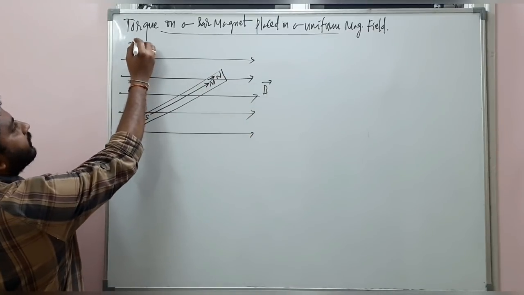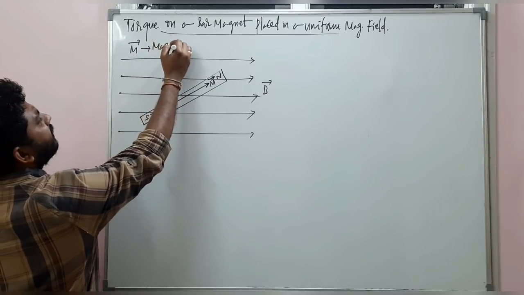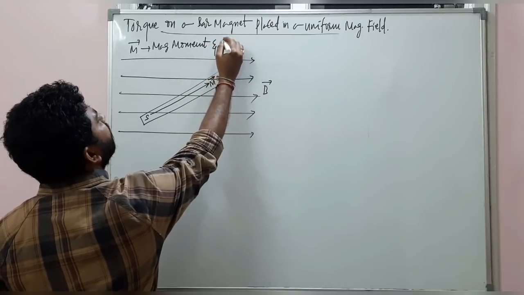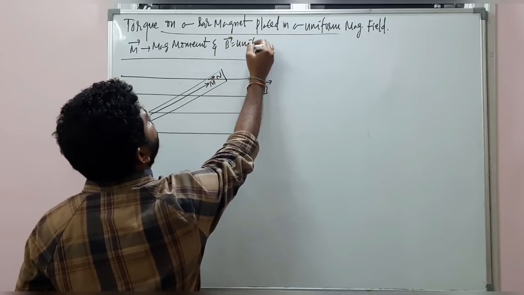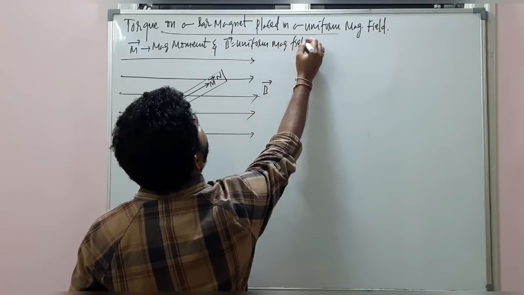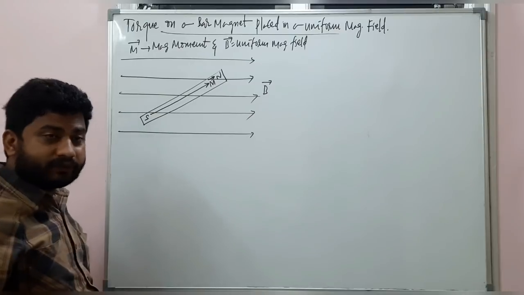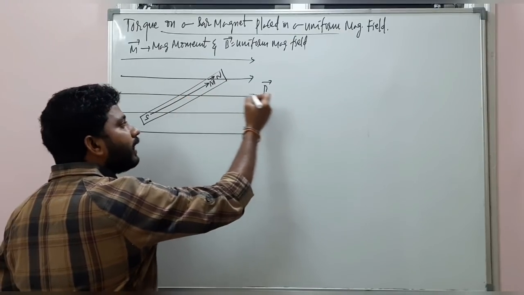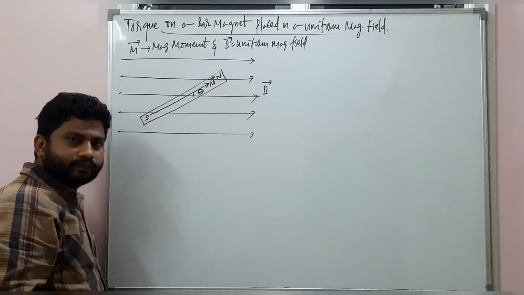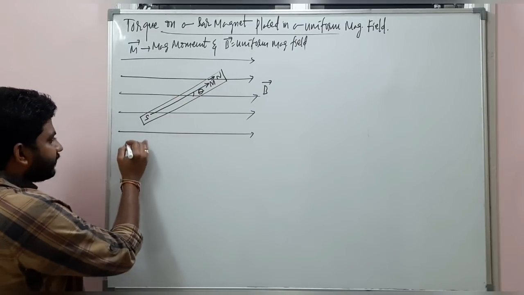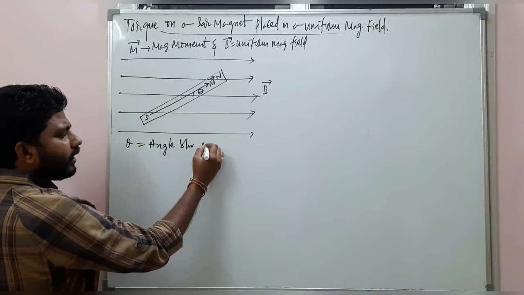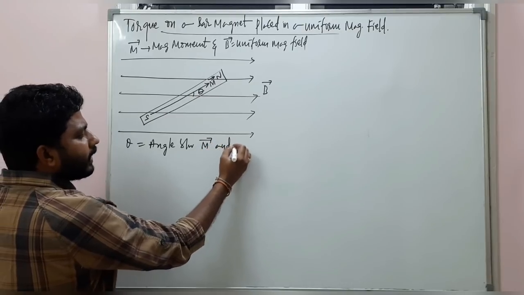So M bar is the magnetic moment of the bar magnet, and B bar is the uniform magnetic field, right? And there is an angle between them, you can see. This is the B bar vector and this is M bar vector and this is called theta. So this theta is the angle between M bar and B bar, remember.